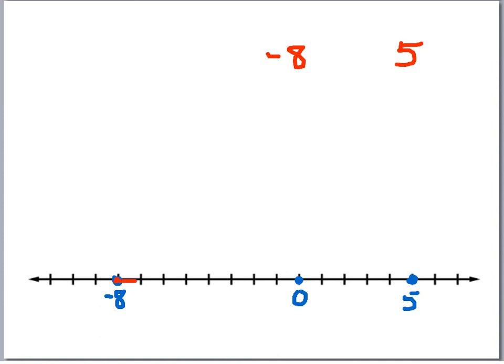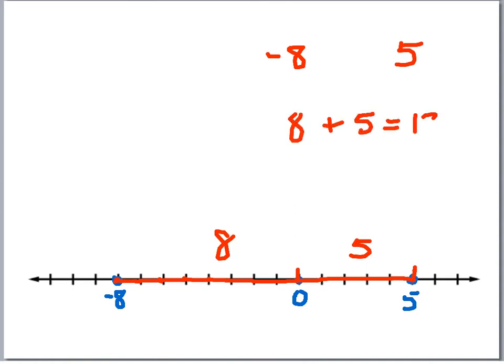You start there and go 1, 2, 3, 4, 5, 6, 7, 8. So we've got 8 here, and then we should have 5 going this way. 1, 2, 3, 4, 5. So the distance from negative 8 to 5 would be 8 units plus the 5 units to equal a total of 13 units.